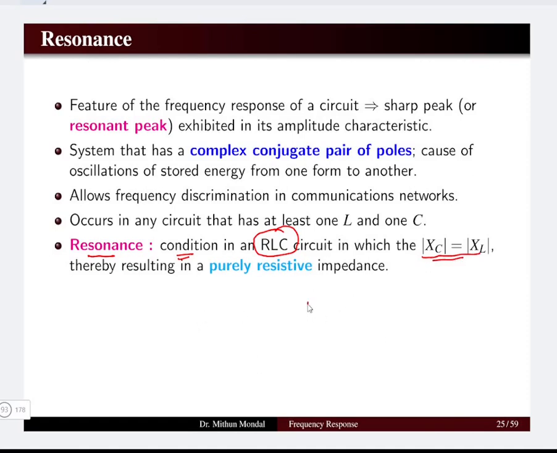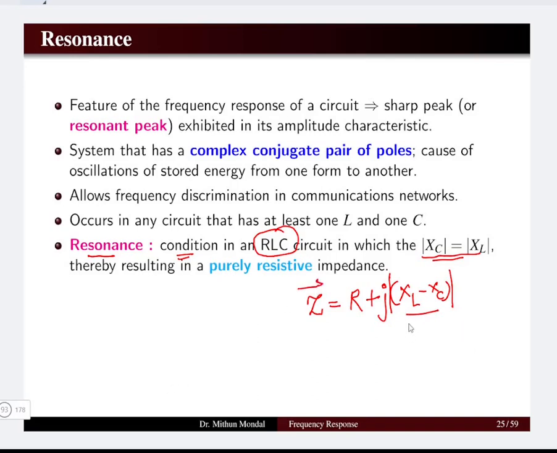We know that the net impedance of any RLC network is equal to the resistive part, which is the real part, plus the imaginary part, which is XL minus XC. We can take the mod of this because we don't know whether XL is greater than XC or XC is greater than XL. This impedance is a complex quantity.